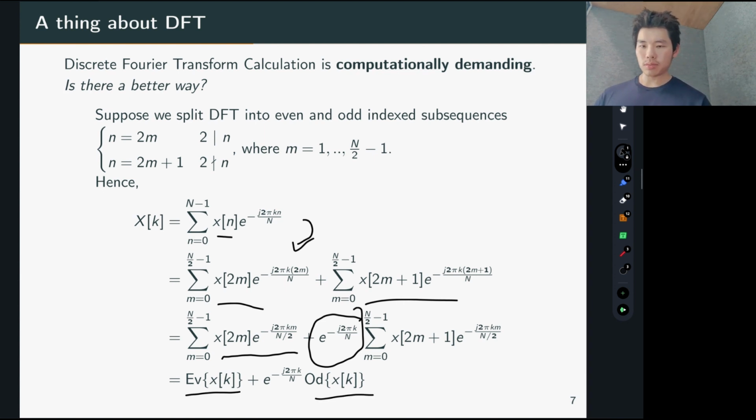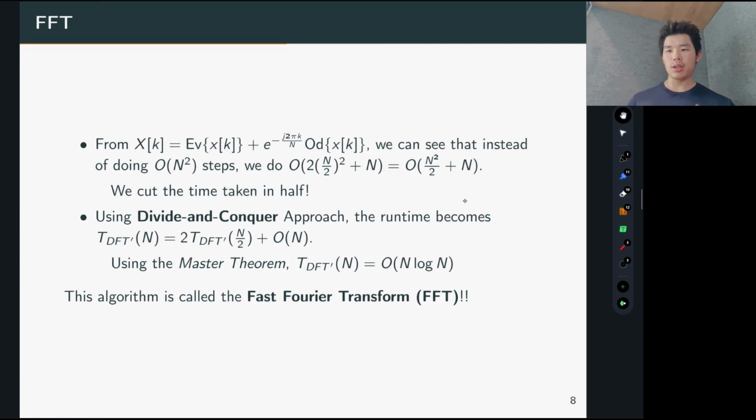And so you can do this on and on. Let's say you just do the first step. From O(N²), we reduce it down to O(N²/2 + N). So asymptotically it doesn't really change, but we reduce it down by half.